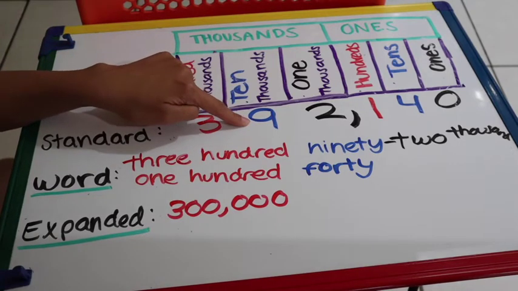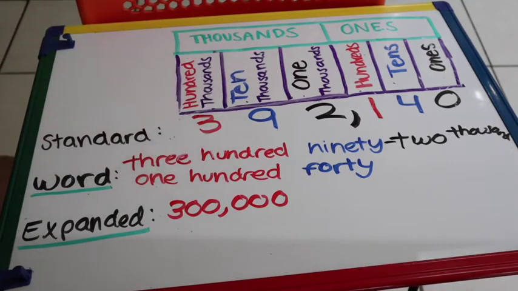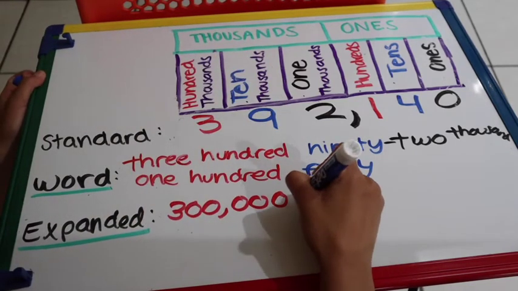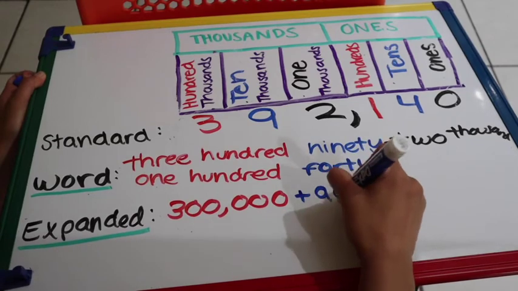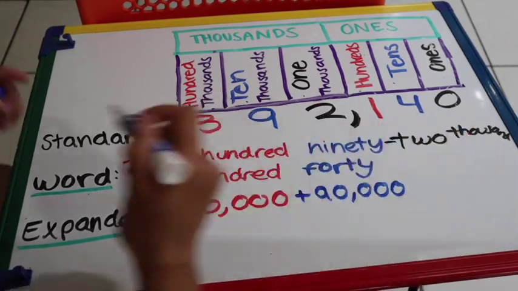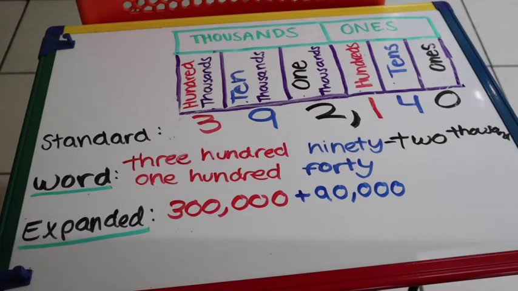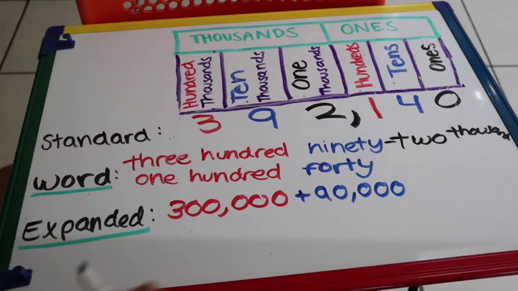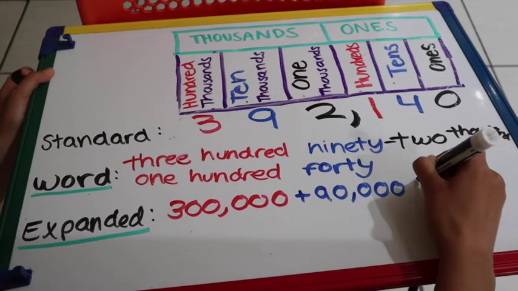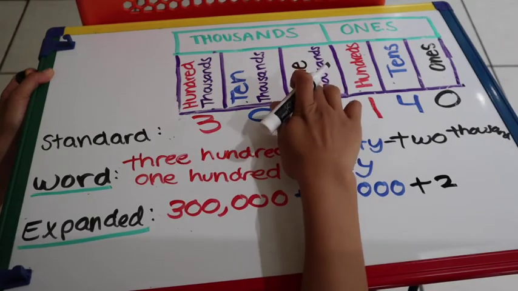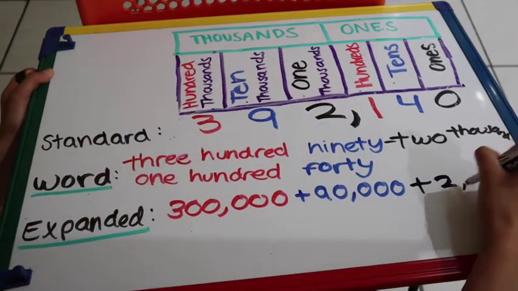Next, we have a 9, so 9 groups of 10,000. 9 times 10,000 equals 90,000. And now 2 groups of 1,000 is 2,000. Because 2 times 1,000 is 2,000.